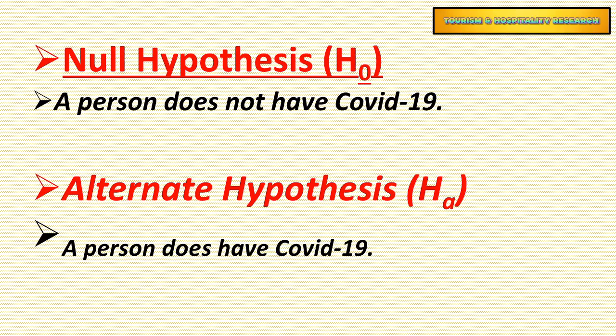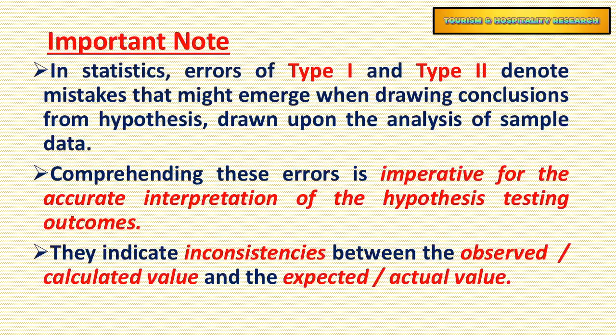Now let us go back to the previous slide and understand that in statistics, errors of type 1 and type 2 denote the mistakes that might emerge when drawing conclusions from hypotheses, which are drawn upon the analysis of sample data.